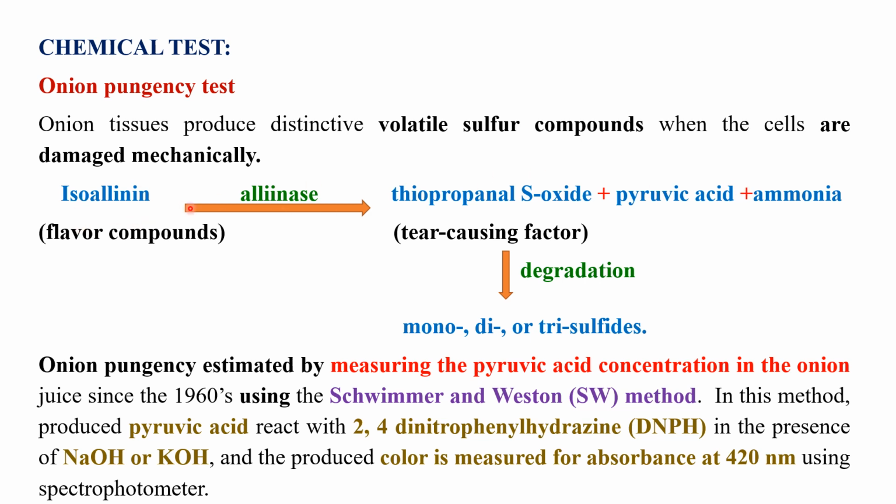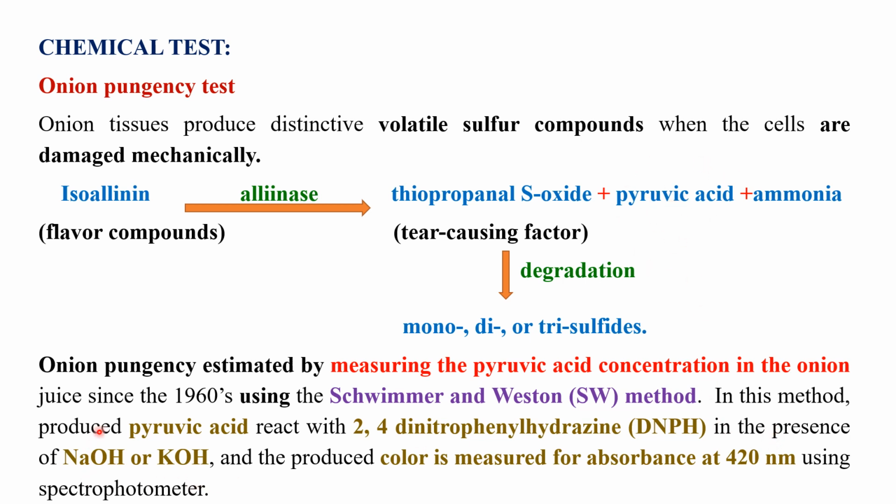In this reaction, one isoalliin molecule produces one pyruvic acid molecule, so the quantity of pyruvic acid will be equivalent to the amount of isoalliin. Two scientists named Schwimmer and Weston developed a method for qualifying the onion powder or onion pulp according to their isoalliin and the produced pyruvic acid quantity.